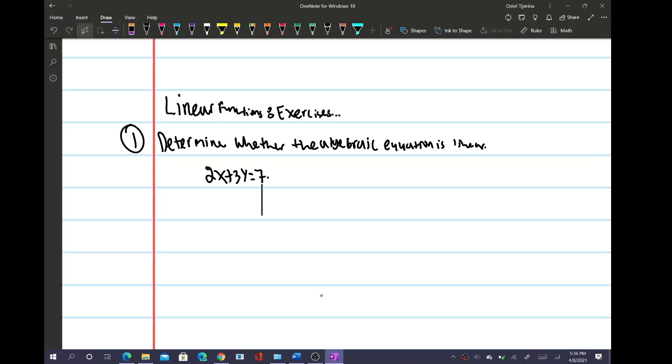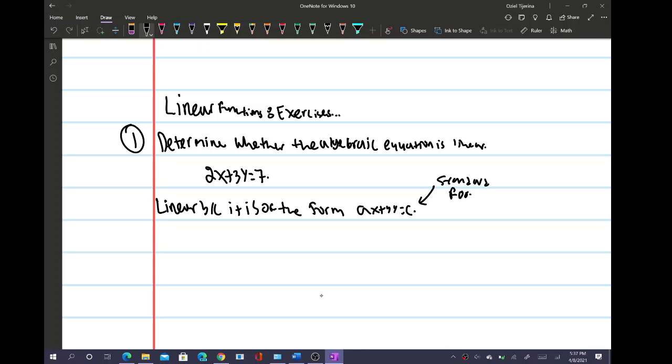So yes, it is linear. It's linear because it is of the form ax plus by equals c, which is the standard form of a linear function, right?